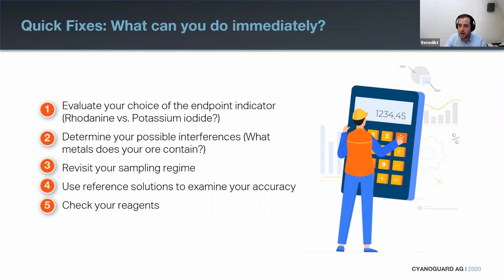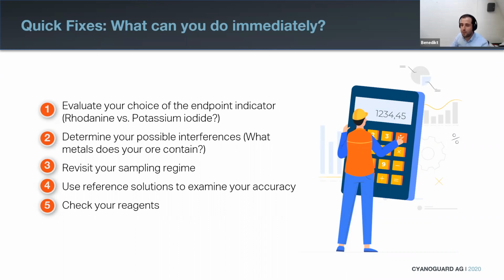We've often seen that especially the silver nitrate solution is either expired or it doesn't have the right concentration, and usually it's a little better to use lower concentration silver nitrate solutions, because you get a better accuracy, and the same goes for the glassware. If you have a smaller volume burette, you usually get a better resolution. It depends, of course, on what concentration ranges or what level of accuracy you need for your process.